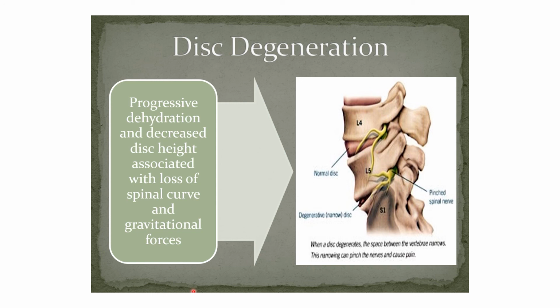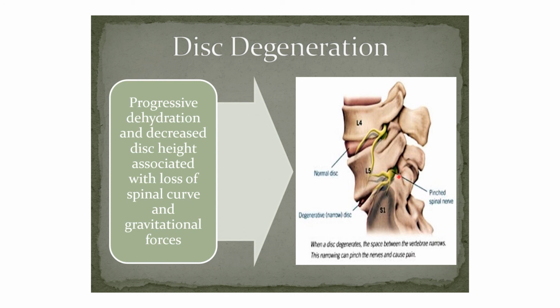So here we can see a normal disc. This again is the front of the body. This is the back of the body. Here's the joint. So here's the disc, and here are the nerves coming out. So this disc is happy. Well, this disc has degenerated over time, and as it's degenerated, the opening here, which is called the foramen, has gotten smaller.